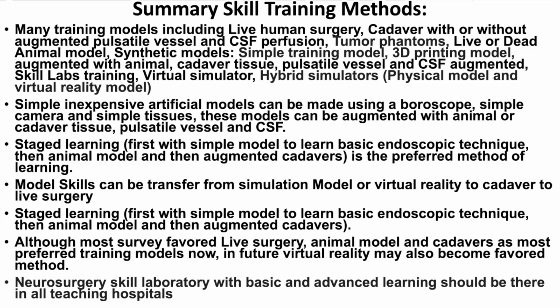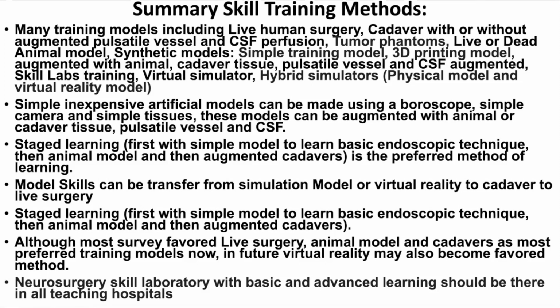These can be augmented with animal cadaver tissue or with pulsatile vessel, and CSF augmentation can be done. Skill lab training, virtual simulations, and hybrid simulators can be used. Simple, inexpensive artificial models can be made using borescope, simple camera, and simple tissue.